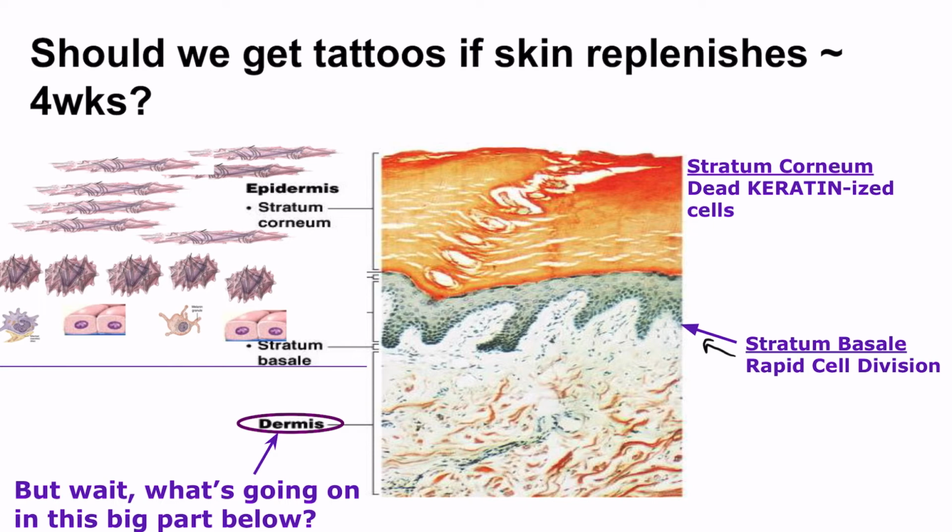What that tells us is that when ink is inserted into the skin, it cannot be inserted in the epidermis, because if it were, it would be gone in 28 days. So we need to look at the layers deep to the epidermis, the dermis.